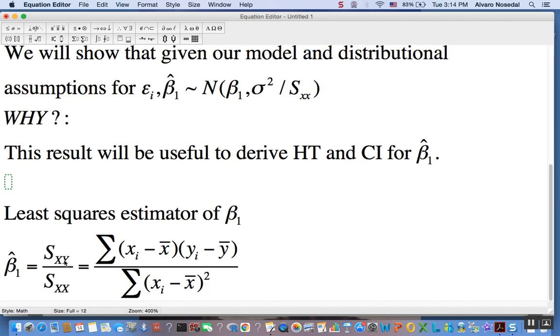This is the sum of the cross products, centered cross products, if you will, and Sxx is the sum of the squared deviations with respect to the mean of x.